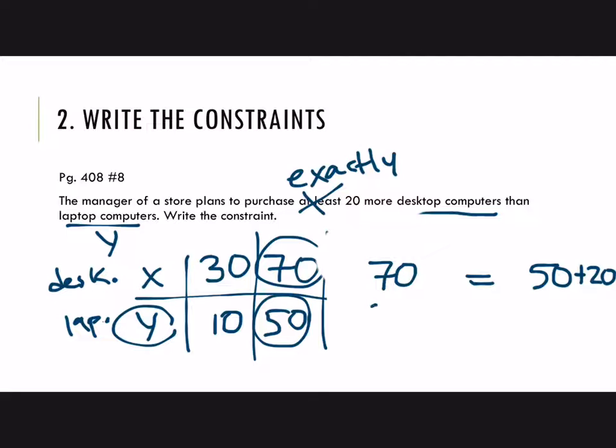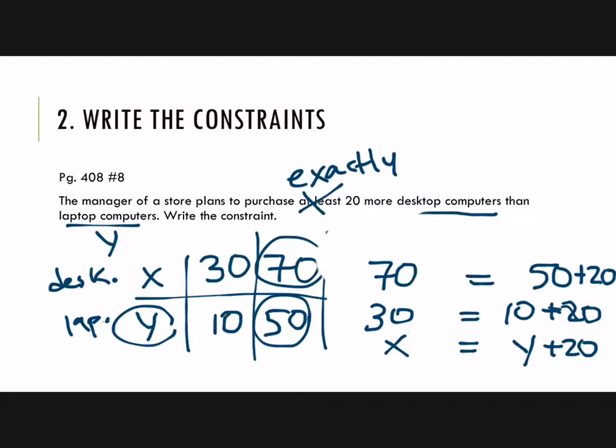Same thing if I did the 30 and the 10. Since the 10 is smaller, that's where I need to put the 20 to balance this out. So it's actually the x is by itself, and then the y, the smaller number, gets 20 added to it to balance this equation.